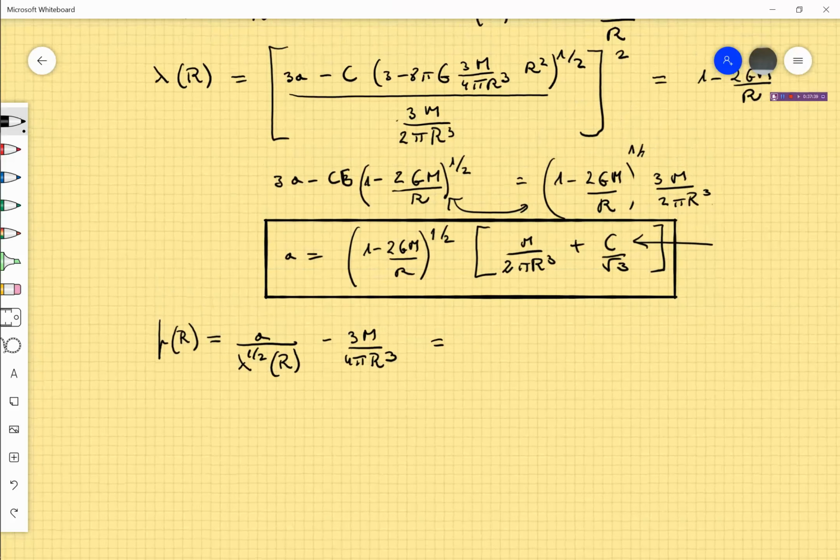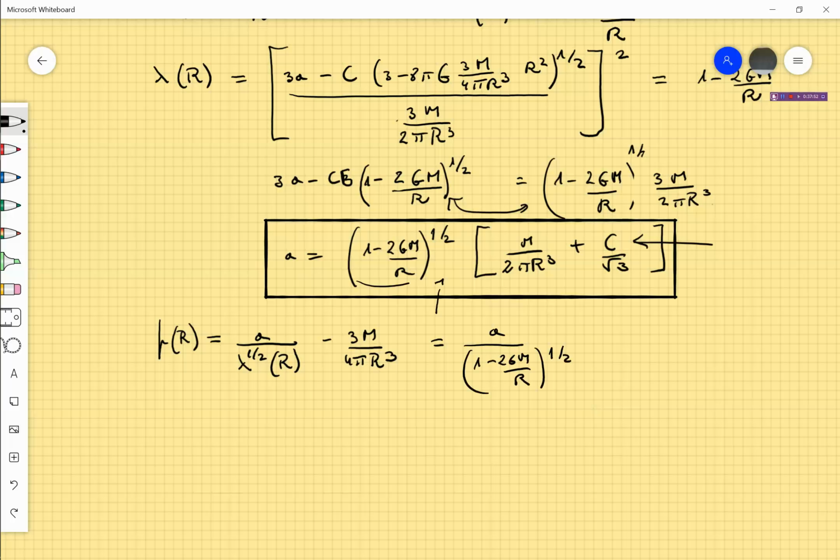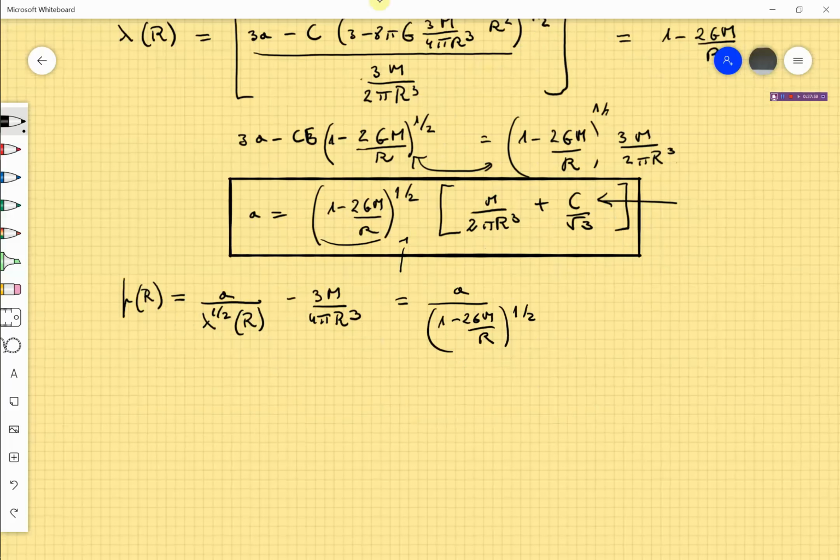But the lambda 1/2, because we just imposed that this should be the case, is given by this. And look here, this is lambda 1/2 at R, so you take it here dividing, and the only thing that you have to replace here is the expression in brackets, which was M divided by 2 pi R cubed plus c divided by the square root of 3, minus 3M over 4 pi R cubed.